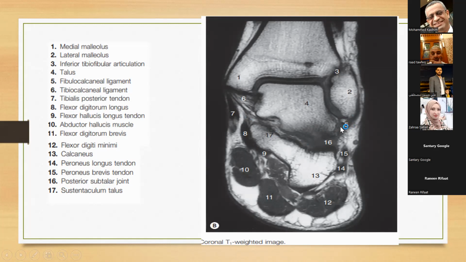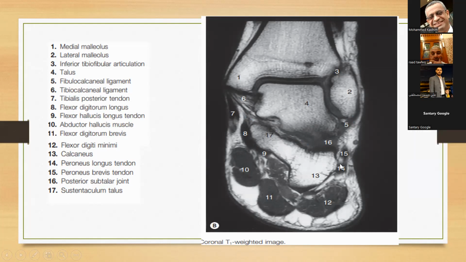And here is the fibulocalcaneal ligament on the medial aspect. And this is number 13, the calcaneus, the sustentaculum tali, and number 15, peroneus brevis, and 14 is the peroneus longus muscle.